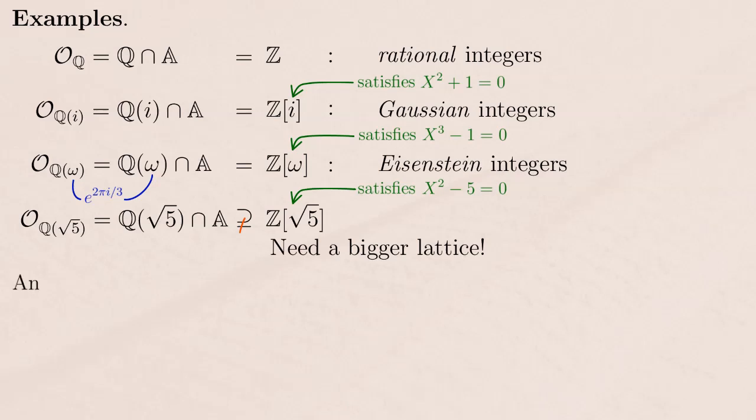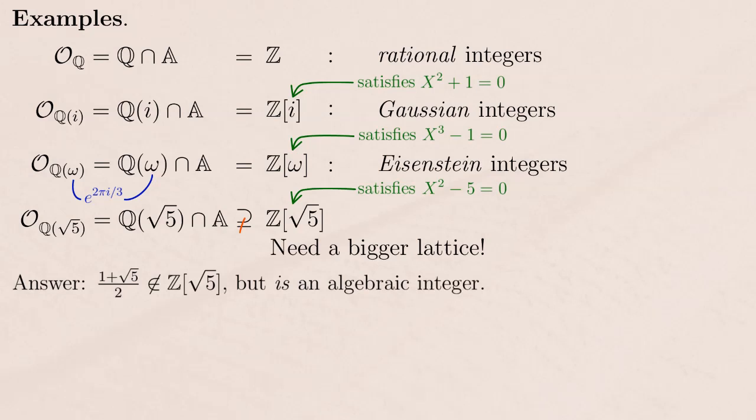There's an element (1 plus root 5) over 2, which isn't in our lattice Z adjoin root 5, but it is an algebraic integer. In fact, if we expand our lattice to include this element, we get the ring Z adjoin (1 plus root 5) over 2, which turns out to be the full ring of integers of Q adjoin root 5.